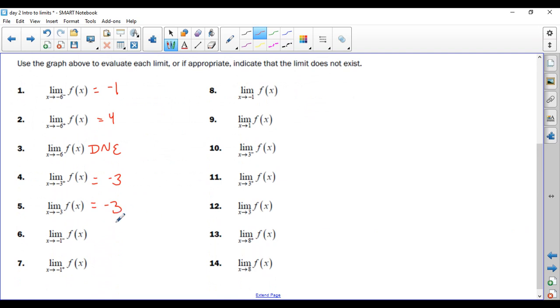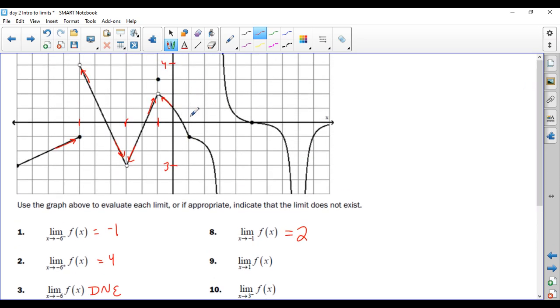Because the left limit is 2 and the right limit is 2, the limit as x approaches -1 of f of x is 2. Then look at what's happening around x approaching 1. Here's 1. As we come in from the left and from the right, both sides approach the same value of -1, which they actually hit in this case, since it's continuous at that point. So the limit is -1.